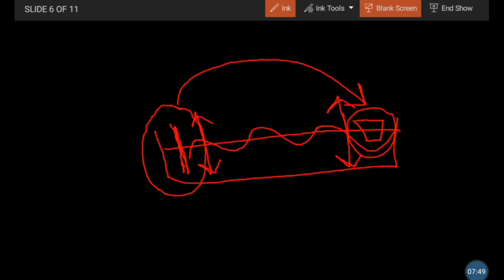Now place some pieces of paper onto the water surface, and then again vibrate the pencil up and down. Then we will see that the pieces of paper vibrate up and down.